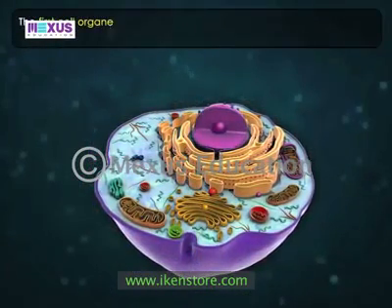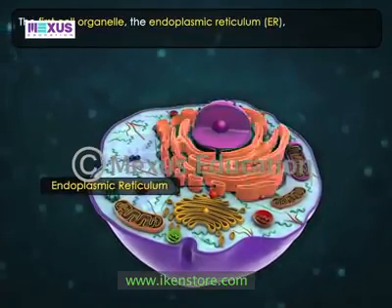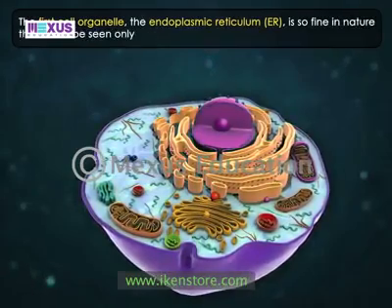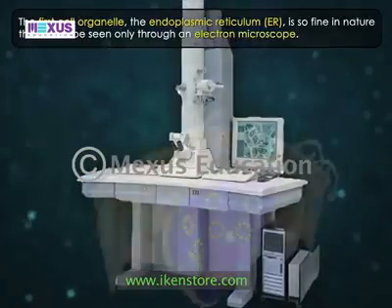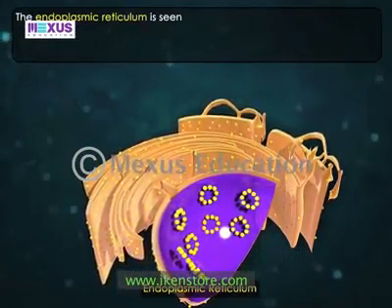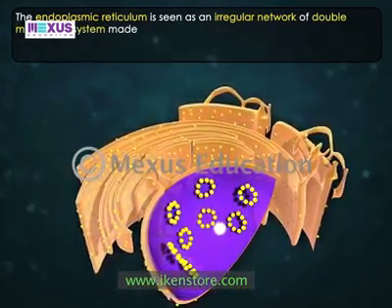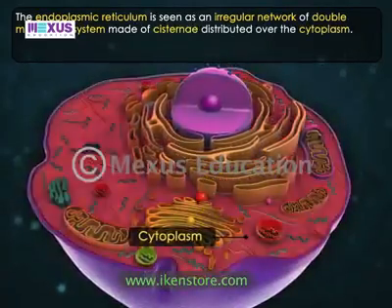The first cell organelle, the endoplasmic reticulum, ER, is so fine in nature that it can be seen only through an electron microscope. The endoplasmic reticulum is seen as an irregular network of double membrane system made of cisternae distributed over the cytoplasm.